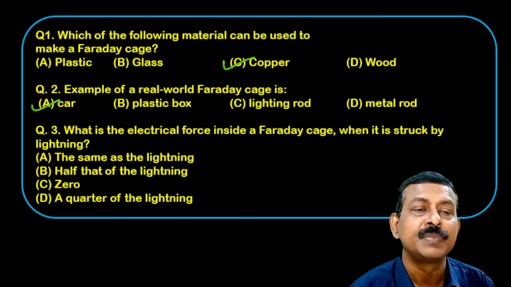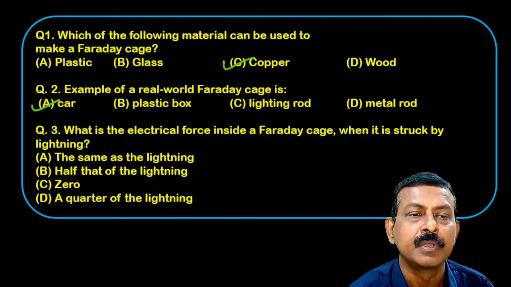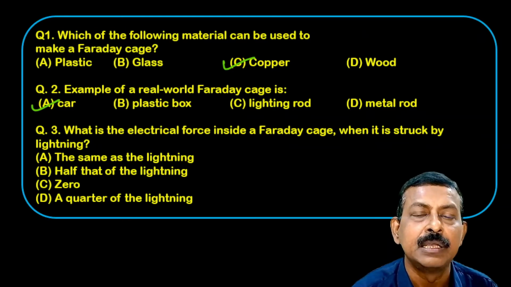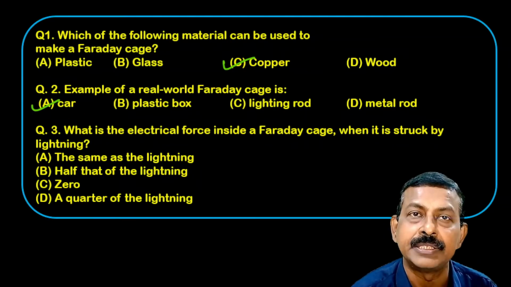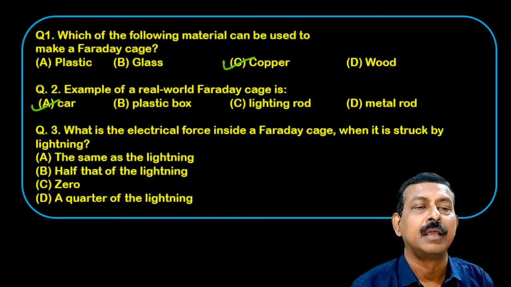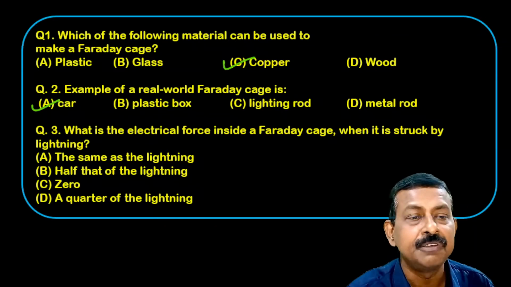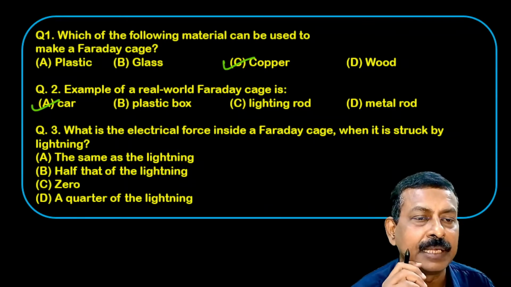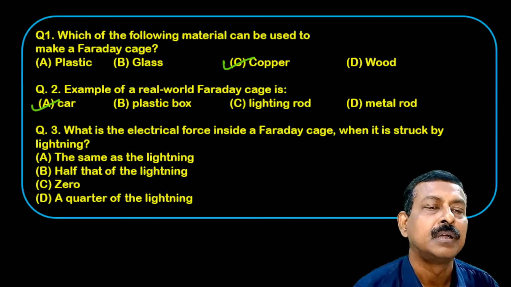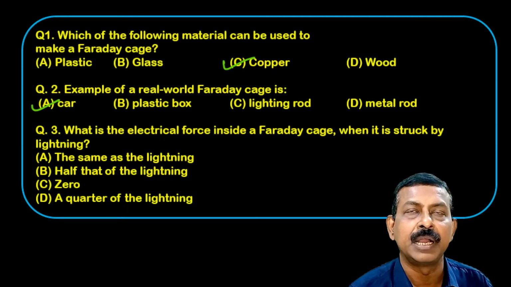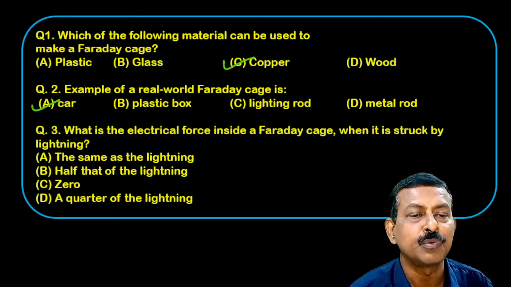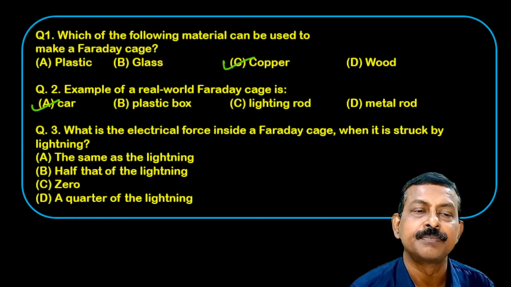Let's take now the third one. What is the electrical force inside a Faraday cage when it is struck by lightning? The different options given are: the first one the same as the lightning, second one half that of the lightning, third one 0, and the fourth one a quarter of the lightning.